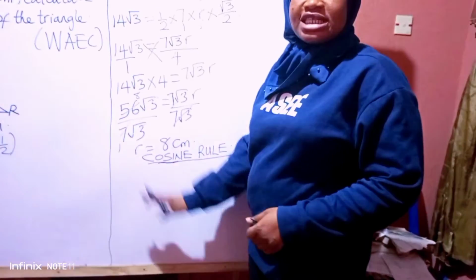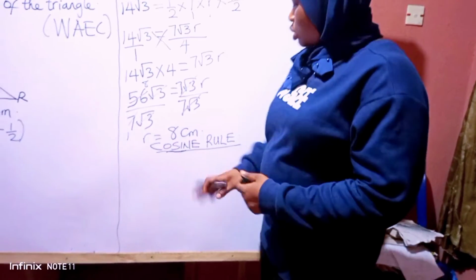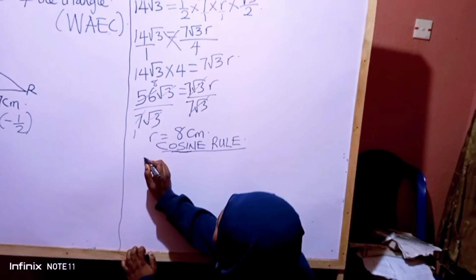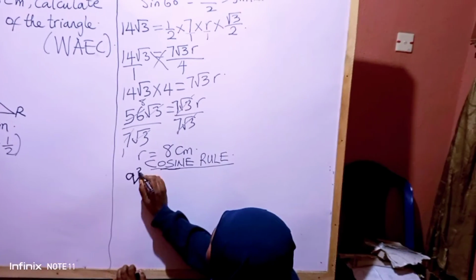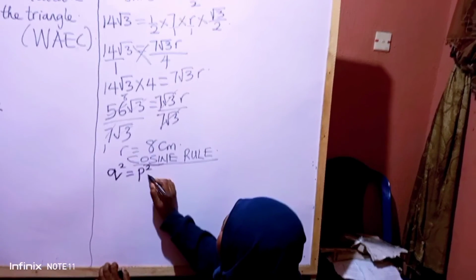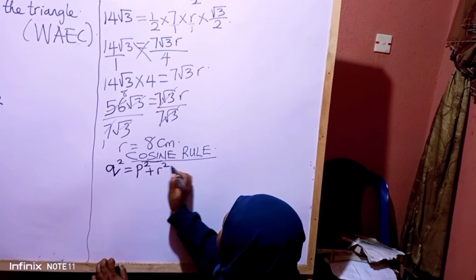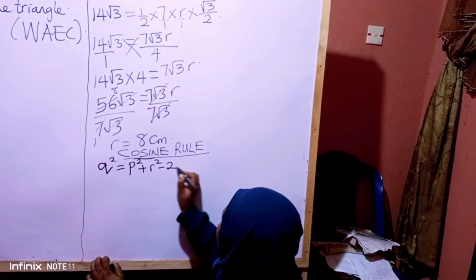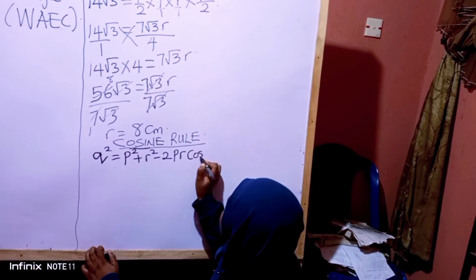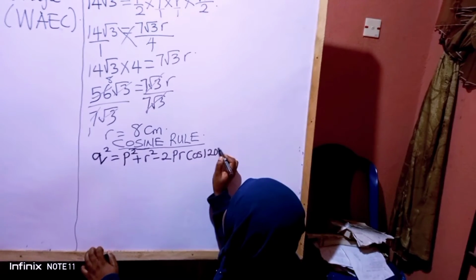To find the remaining side of the triangle, we are going to use the cosine rule. The cosine rule is q squared is equal to p squared plus r squared minus 2pr cos 120 degrees.